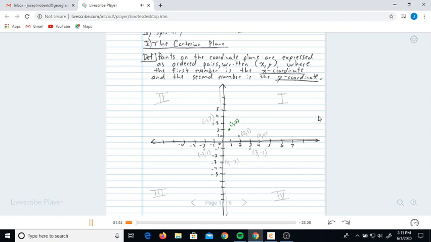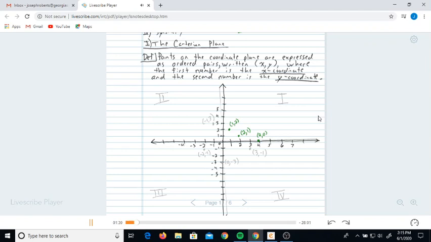Now, if I look at this point in the two-dimensional space, or this point in the plane, this is at (2, 1). Note that (1, 2) and (2, 1) are two different positions in the plane. That's why we call them ordered pairs, well, ordered. This point is at x value 4 and y value 0, so that's (4, 0).